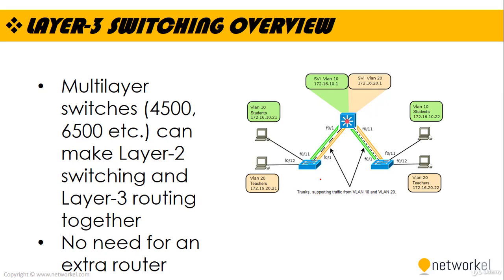For this purpose, we need to configure interfaces called SVI, Switch Virtual Interface, for each VLAN and put an IP address on it. This IP address can be used by computers as their default gateway.